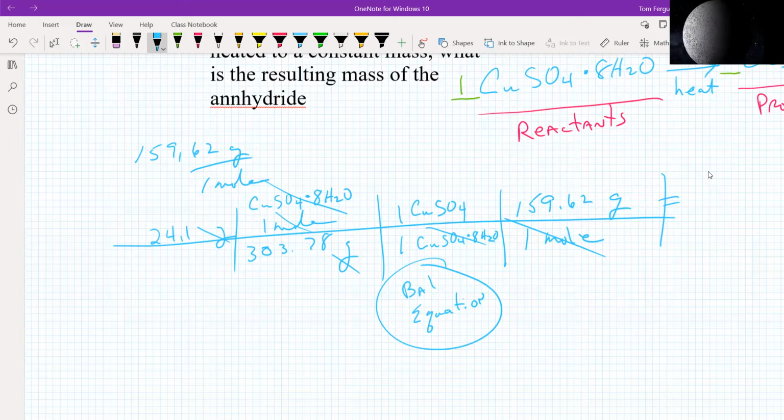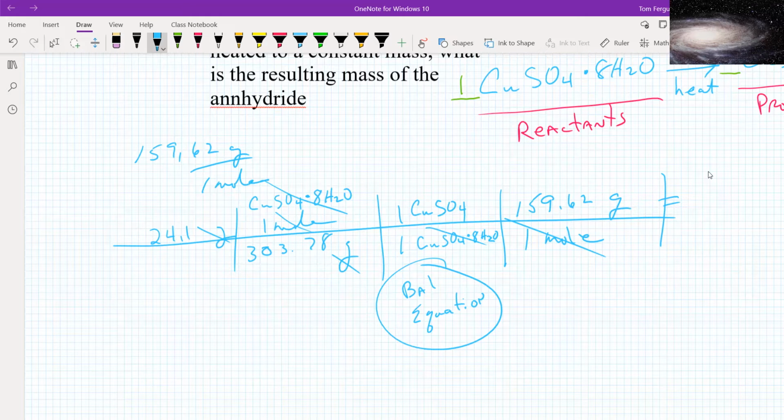Now, I want you to keep this in mind. Whenever we're working with problems with an equation, a chemical reaction, there are always going to be 3 steps. First step is to convert to moles where we start. Middle step is the ratio from the balanced equation. And then the last step is to go from moles to the grams.